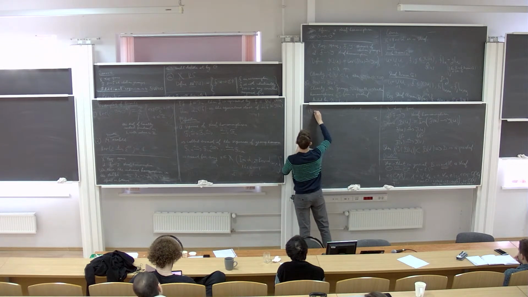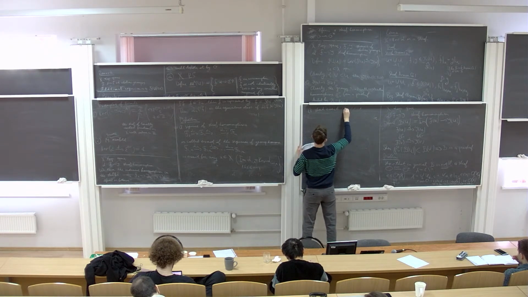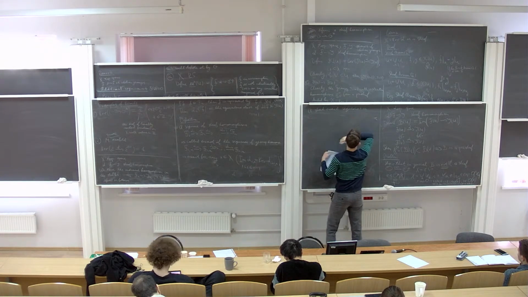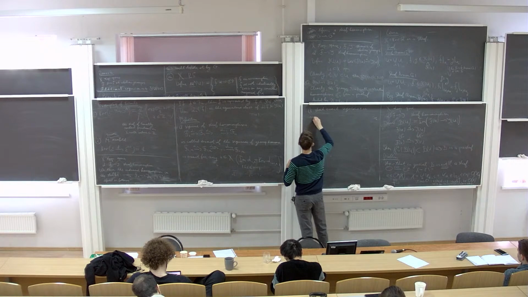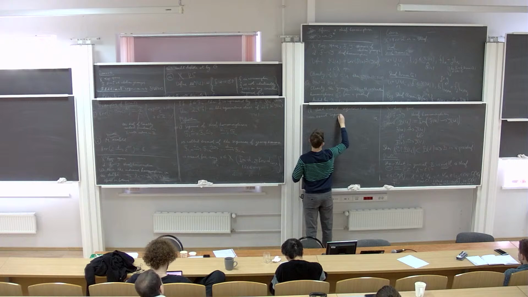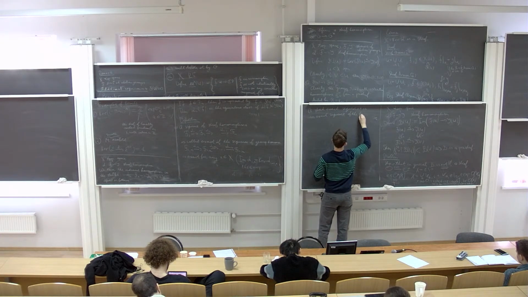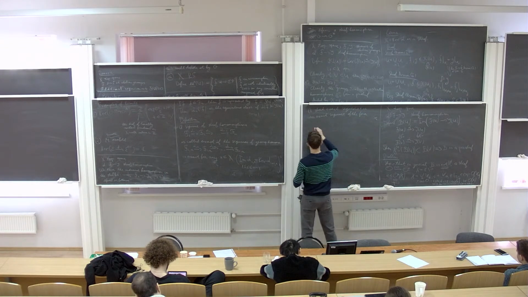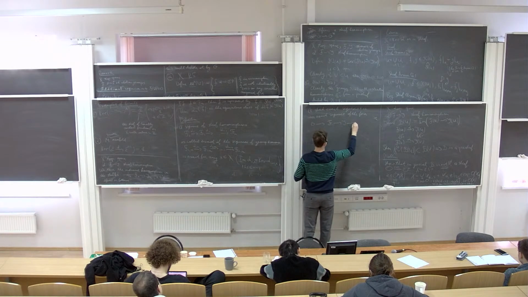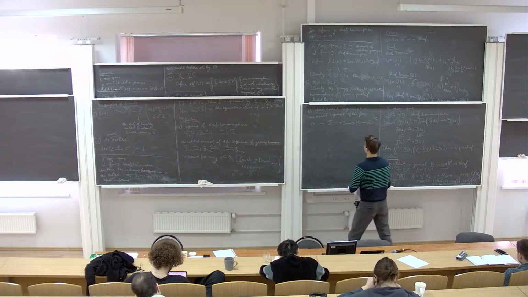A short exact sequence is an exact sequence of the form 0, some sheaf F, Y, 0.